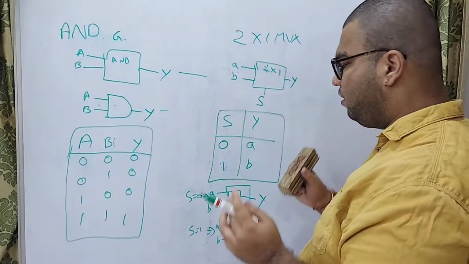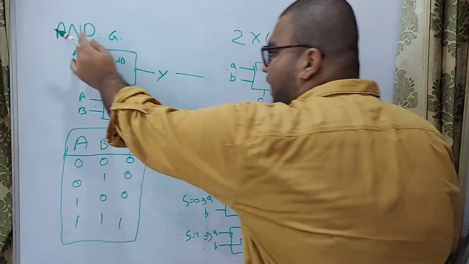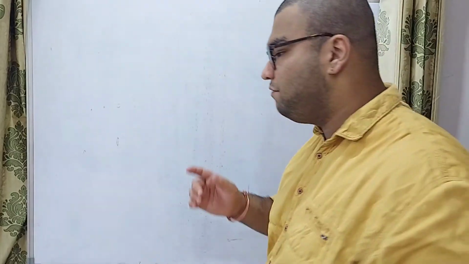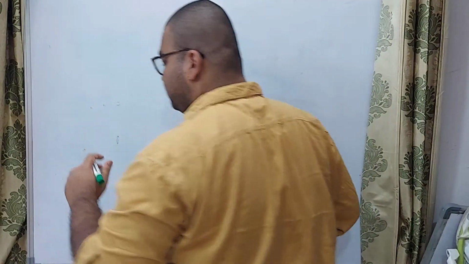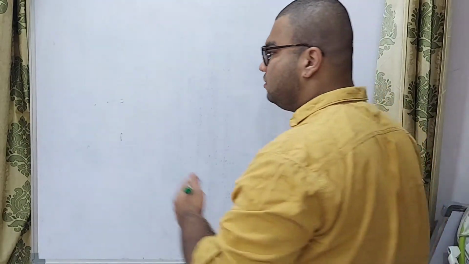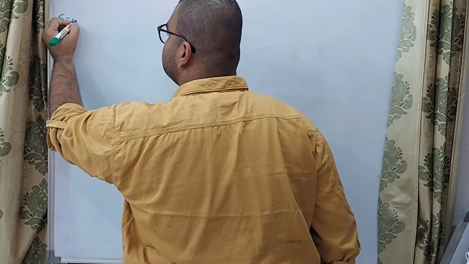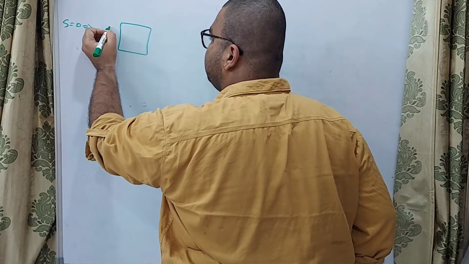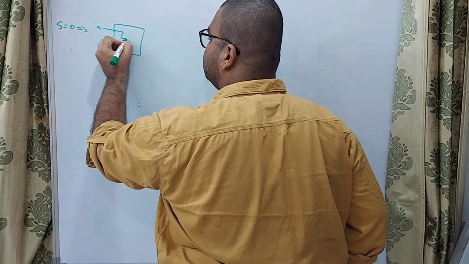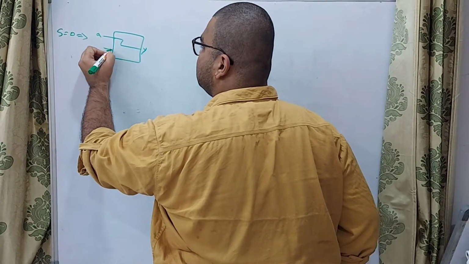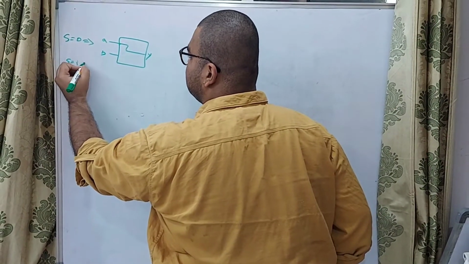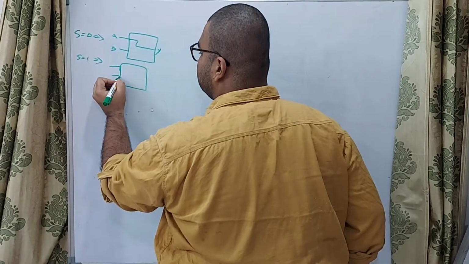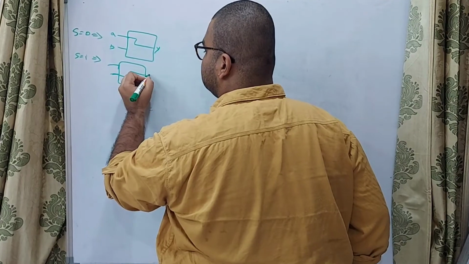So now we are going to construct an AND gate using this 2 cross 1 MUX. We have seen earlier that when S is equal to 0, the multiplexer would be connected like this, and when S is equal to 1, the multiplexer would be connected like this.